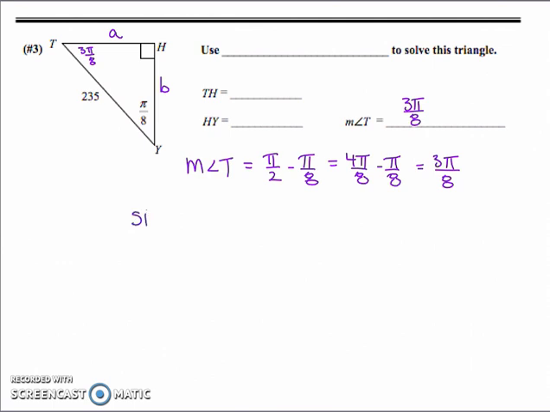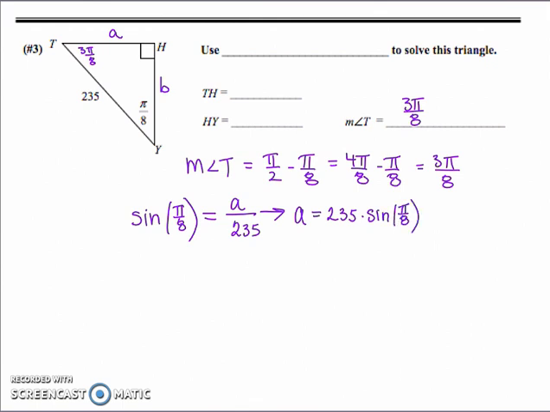I know that the sine of pi over 8 should be equal to side A divided by my hypotenuse, which is 235. To solve for A, I'm just going to multiply both sides of my equation by 235 to get that out of the denominator. So side A is going to be equal to 235 times the sine of pi over 8.